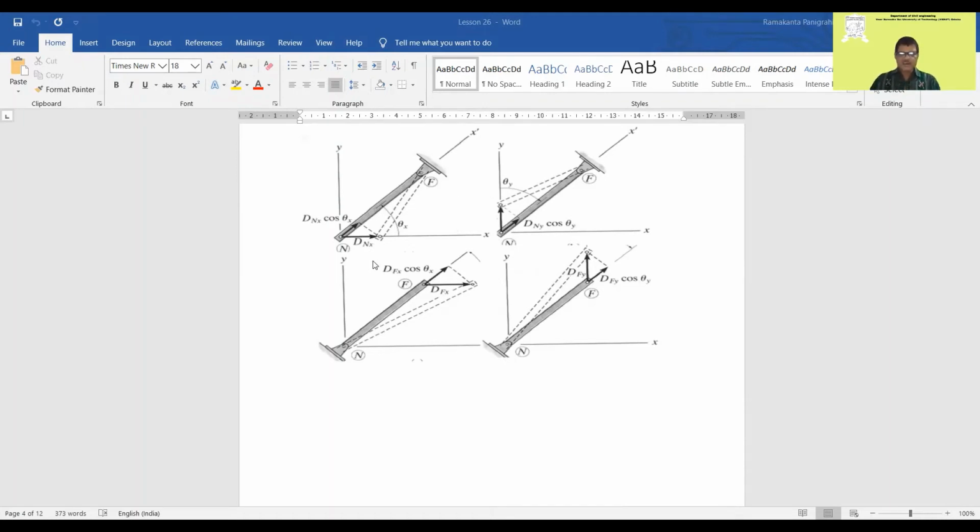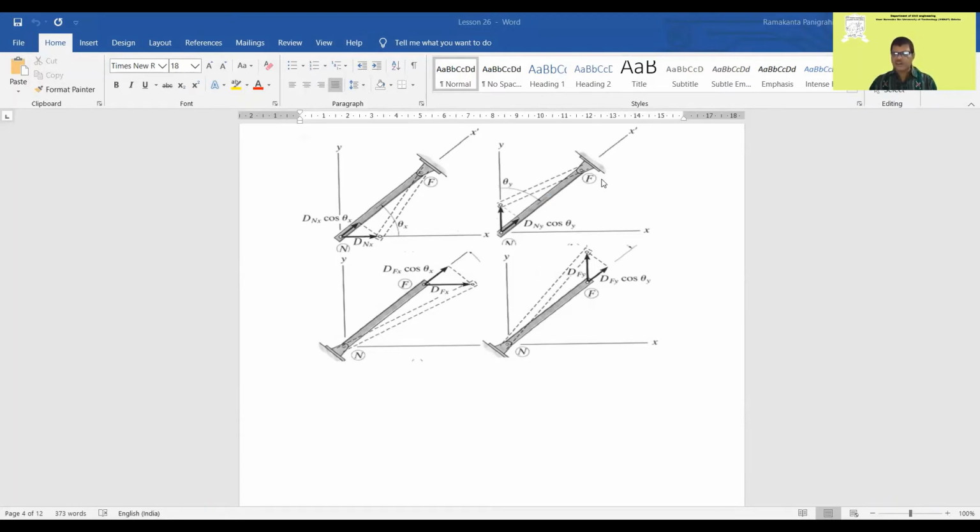Now you'll find the component of the force along this direction. So dnx cos theta x, dny cos theta y. We find these relationships. Now cos theta is equal to this by this. Cos theta is equal to this by this, right? So what is this? This is equal to this into cos theta.